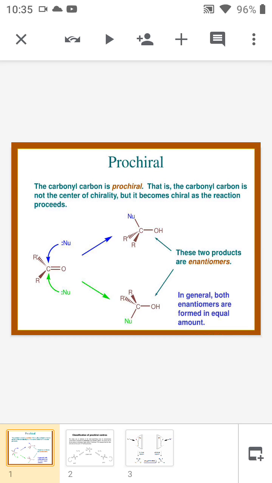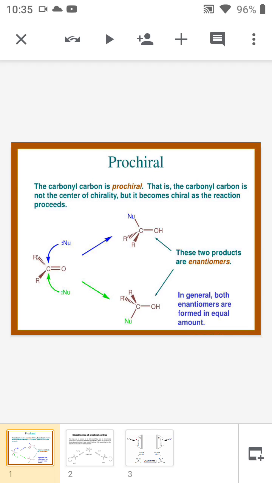So depending upon the side of attack of the nucleophile, we will get the two enantiomers, and in this process the carbonyl group is converted into a chiral center. That's why the carbonyl group is known as a prochiral center.